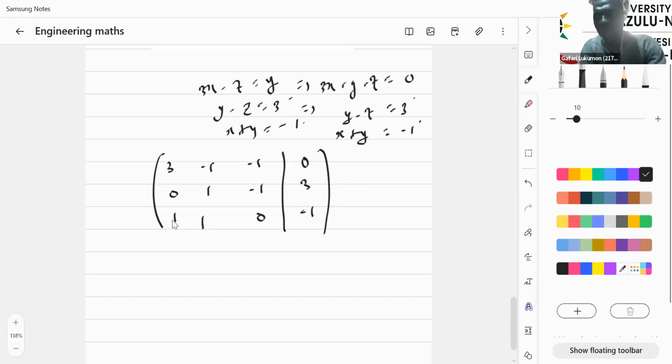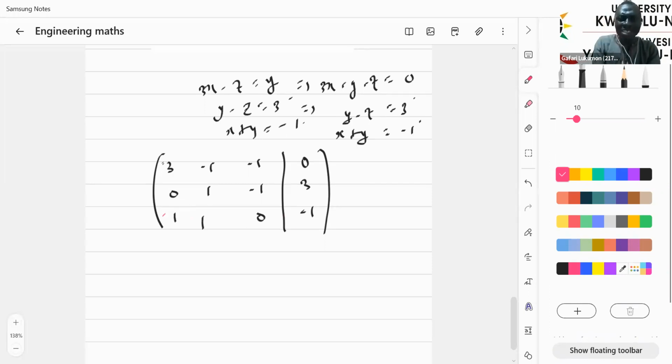Although we were not asked to do it, let's say you now want to solve this system of equations. You want to reduce it to echelon form. How do you do that? Don't forget, the first thing I ask you to do is to first of all ensure that what you have here is 1. If it is not 1, you can interchange the rows.